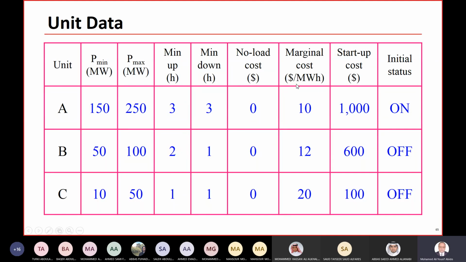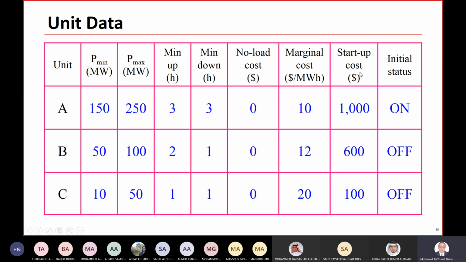The marginal cost, dollars per megawatt hour, lambda, the incremental cost for unit 1 is $10 per megawatt hour, $12 per megawatt hour, $20 per megawatt hour.